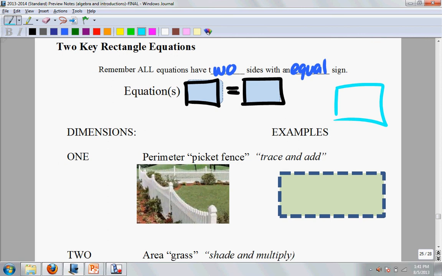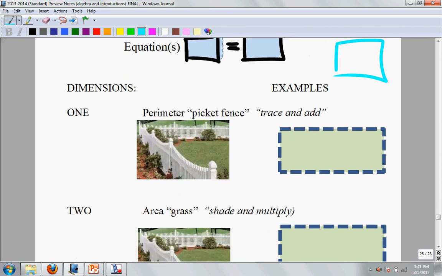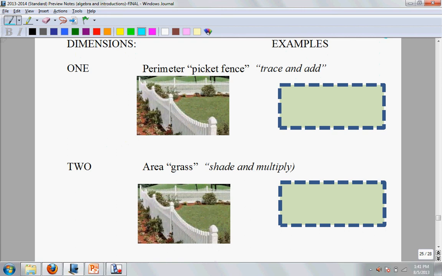There are two equations that you need to be familiar with to work today. One's called perimeter, and one's called area. Let's talk dimensions. We learned this last class. One dimension is when something is just length.